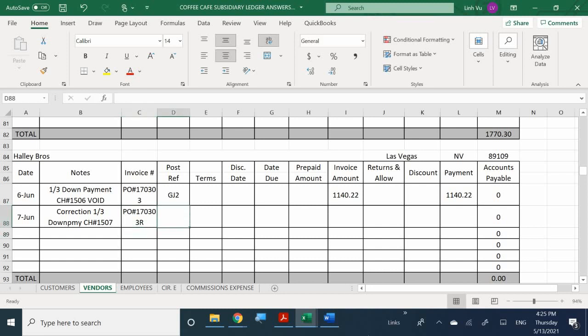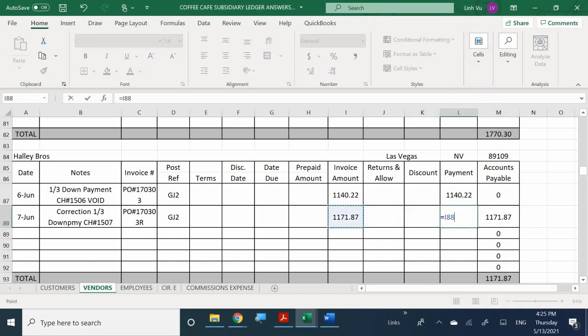We're still on the same general journal, so that doesn't change. But now we have a new amount in here for the 1171.87, and of course we also made a payment to it, so therefore we don't owe Haley anything.